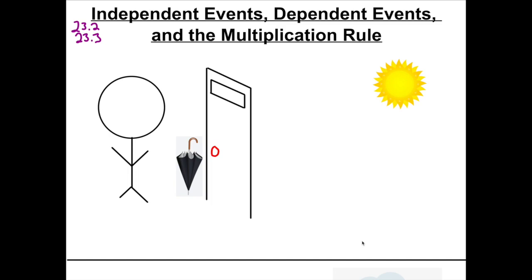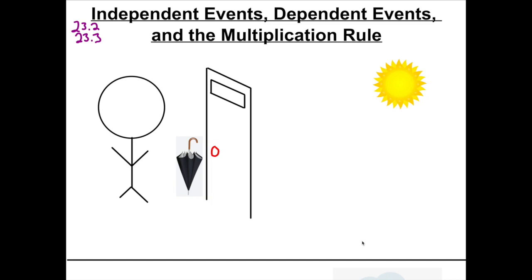So what does it mean to be independent or dependent when we talk about events? To get us thinking about that, I'll give you an example. So here's me, right? I'm thinking about going outside and I've got this umbrella, because you never know when you need one. I like to have this umbrella with me and I leave it by my door. I take a look and it's sunny outside.